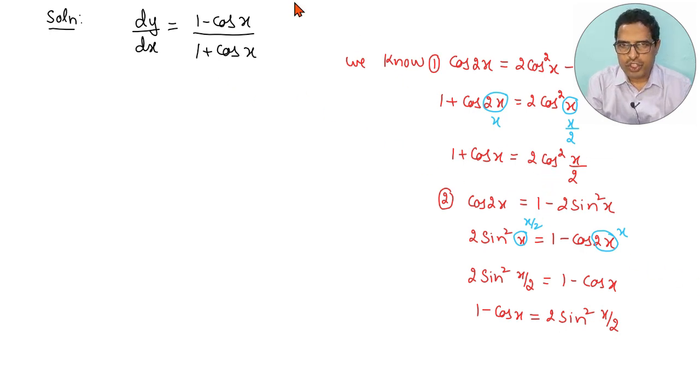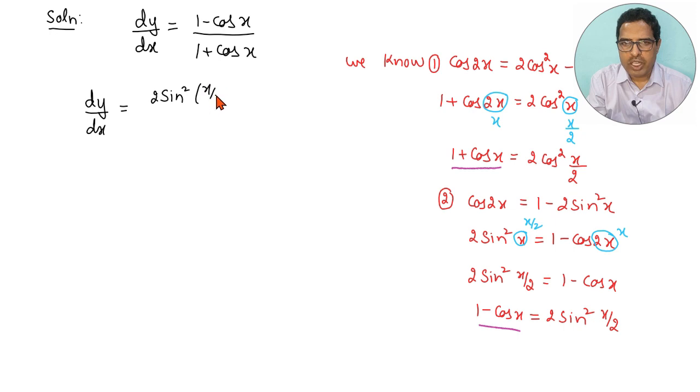Now let us substitute these two values, 1 plus cos x and 1 minus cos of x, in this given differential equation. So we have dy by dx is equal to 1 minus cos of x, which is nothing but 2 sine square x by 2, divided by 1 plus cos x, which is nothing but 2 cos square x by 2.